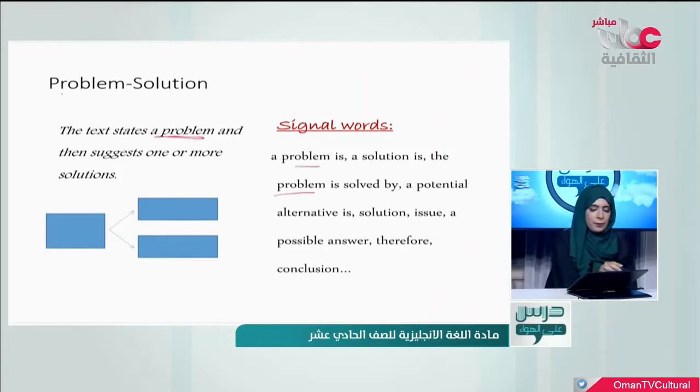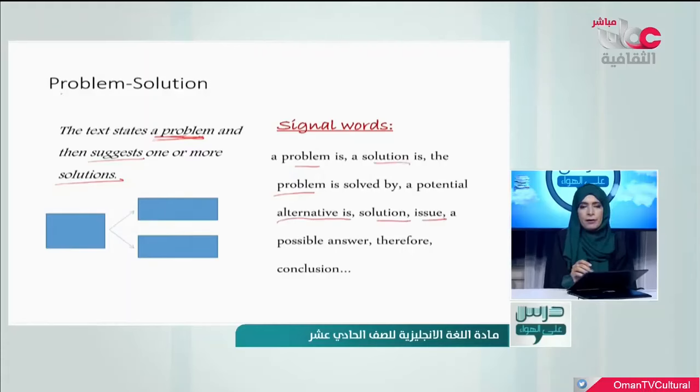When we define problem solution, it is a text that states a problem and then suggests one or more solutions. See, the words of the definition of this text will include partly some of the vocabulary mentioned in the definition. So we have here solution, alternative, issue.